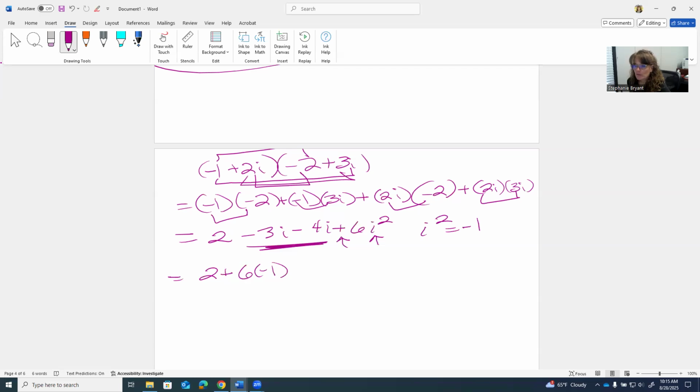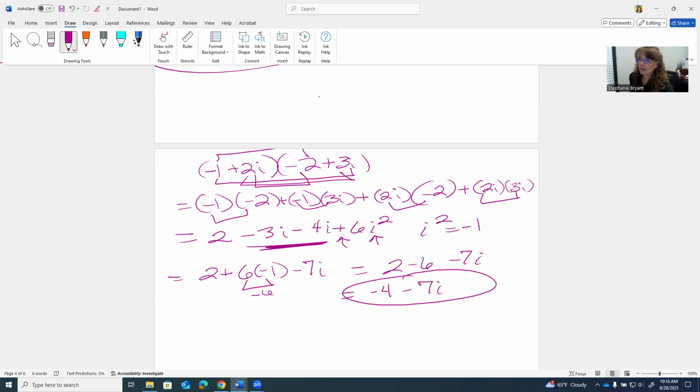So I got negative 3i minus 4i gives me a negative 7i. This here becomes the negative 6. So now I have 2 minus 6 minus 7i, which my answer now is negative 4 minus 7i. And it is written in a real plus or minus imaginary form. So you always want to find that.